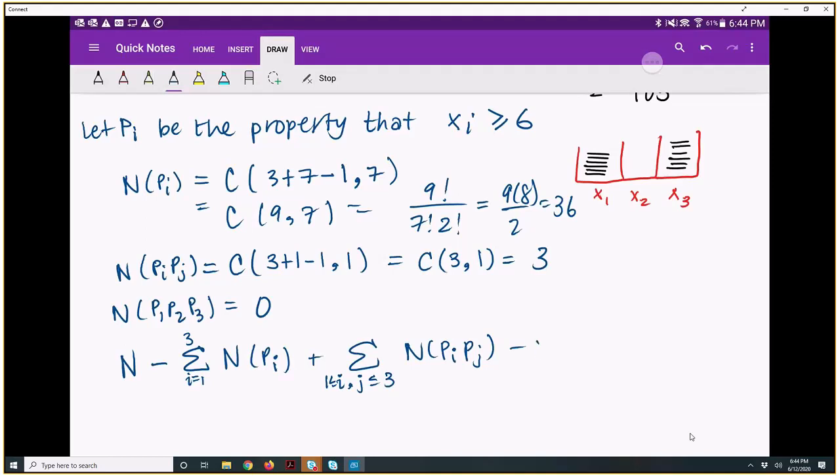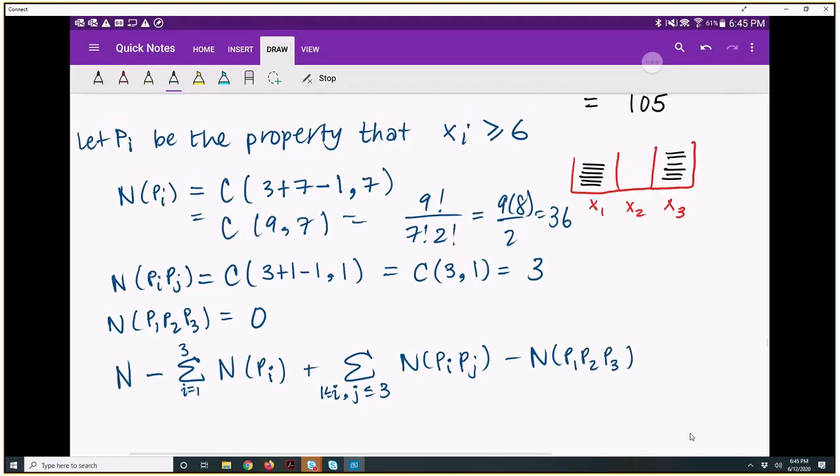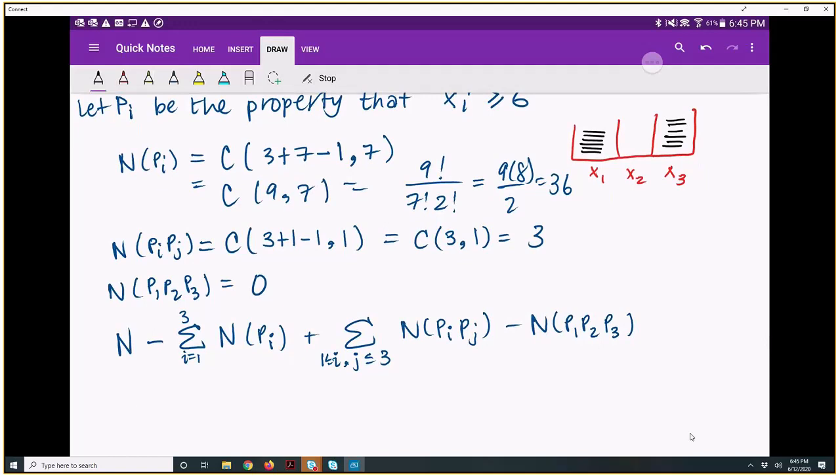And then minus the triple intersection, P1, P2, P3. Then I should have all of these numbers. This is 105 minus 3 times 36 plus 3 times 3 minus 0, and that is 6.